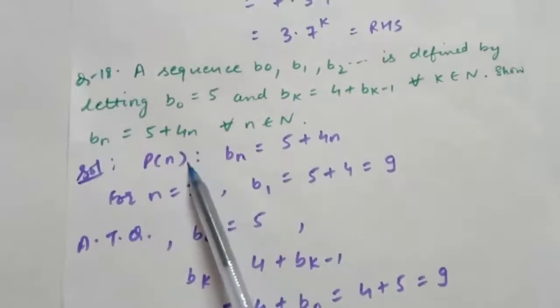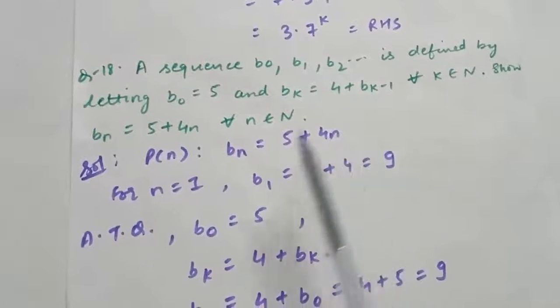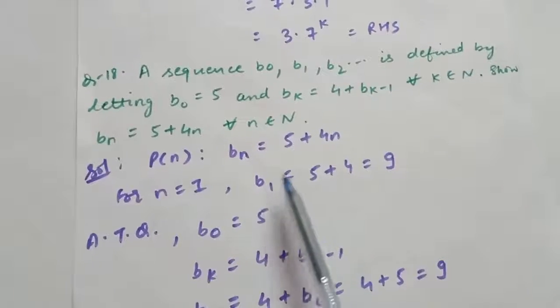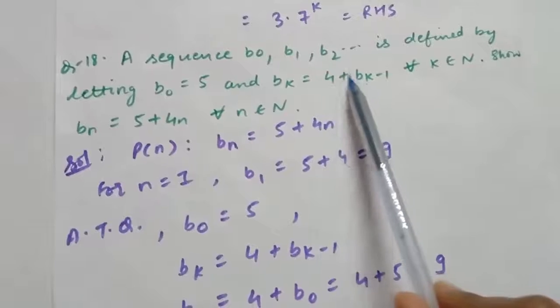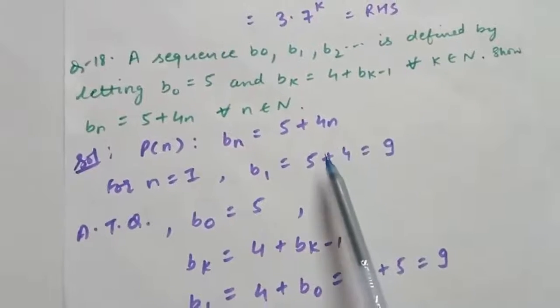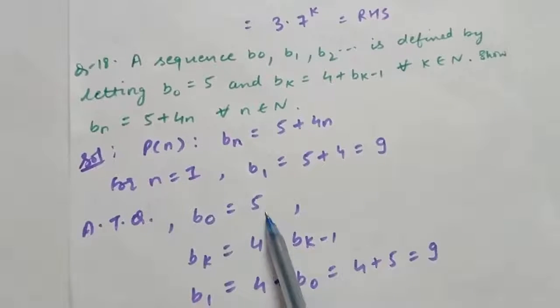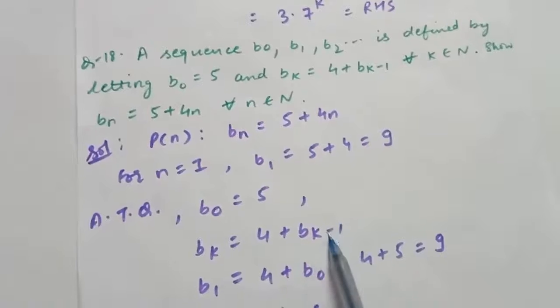So let this be Pn: Bn is equal to 5 plus 4n. Now for n equal to 1, in place of n put 1, B1 is equal to 5 plus 4, 9. Now with the given sequence, we will check if this is true or not. According to the question, B0 is given as 5 and Bk is 4 plus B(k minus 1).